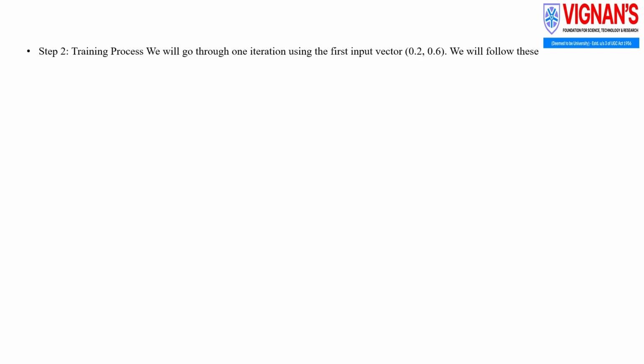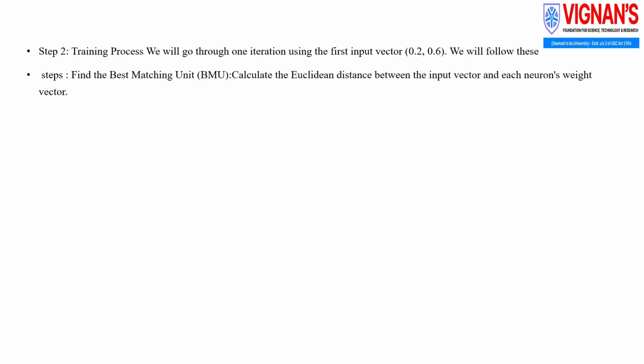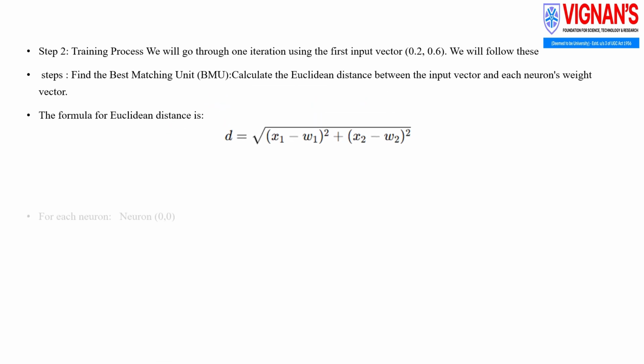Now we begin training the self-organizing map using the first input vector, (0.2, 0.6). The goal of this step is to find the best matching unit, also called the BMU. To do this, we calculate the Euclidean distance between the input vector and the weight vector of each neuron in the grid. The Euclidean distance formula is applied to every neuron and we compare the results.